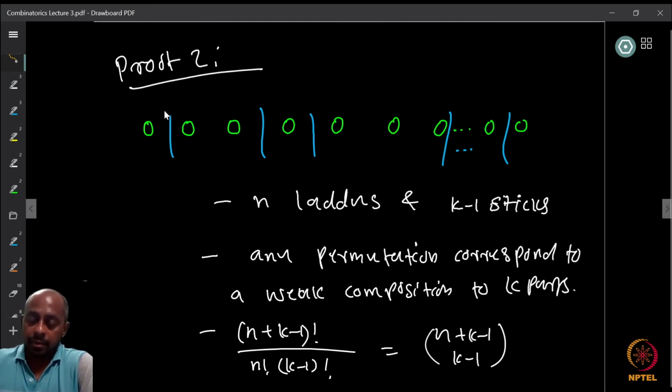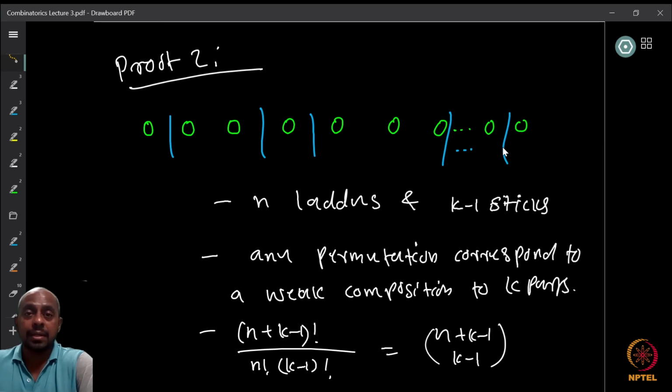So here are the sticks, which separate the laddus. Of course the sticks can be together so that there is no laddu in between. That is also possible. So we keep some bars, or k minus 1 sticks, in between to separate the laddus.